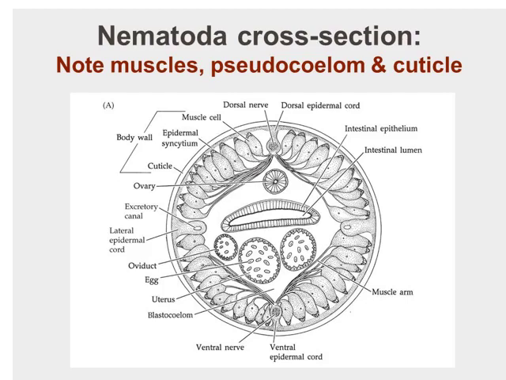So the round shape has muscles inside. You can see here, these are muscle cells, and these are all around the body in cross section.